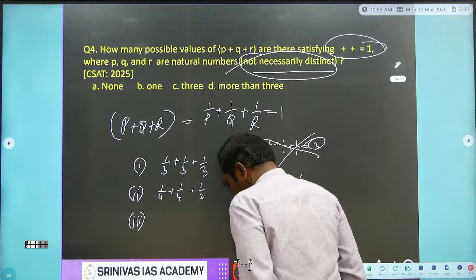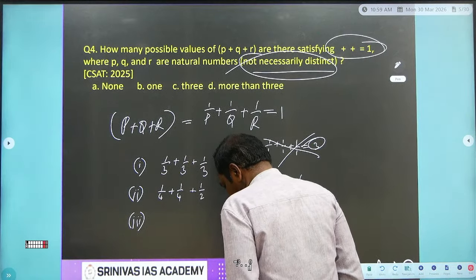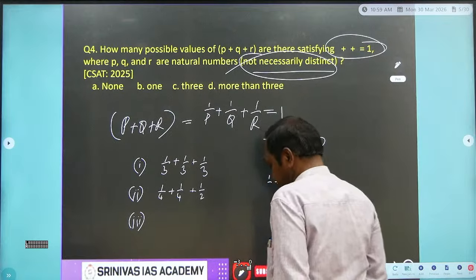What is another option you can say? Prashwal, you can answer: what is another possibility? You said 3, no?